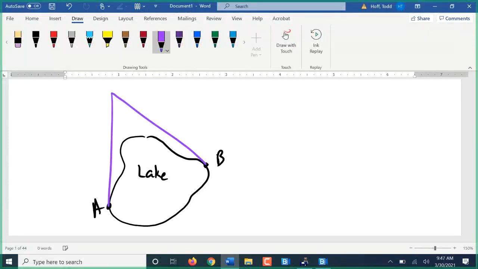So I'm going to construct a triangle like this where I can access points A and B easily from a third vertex. And I measure these distances. Let's say I find this distance here to be 482 feet, and this distance over here to be 411 feet.